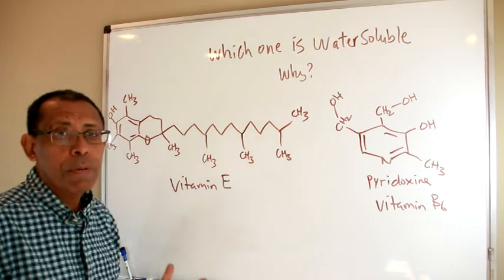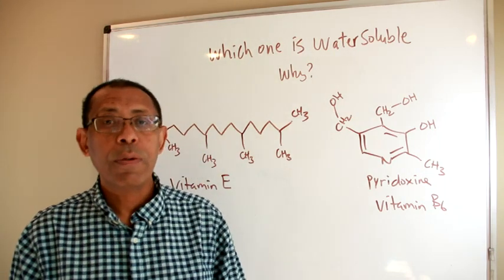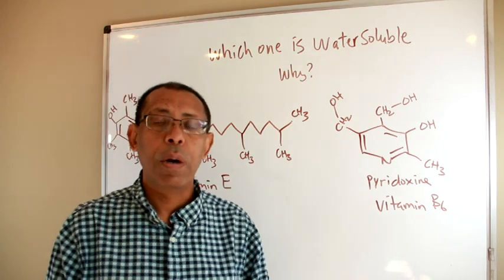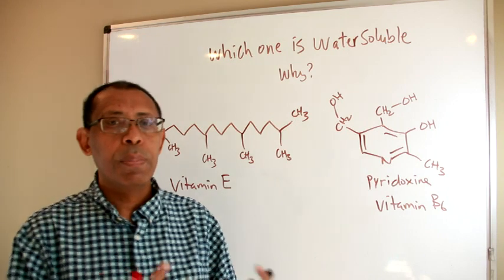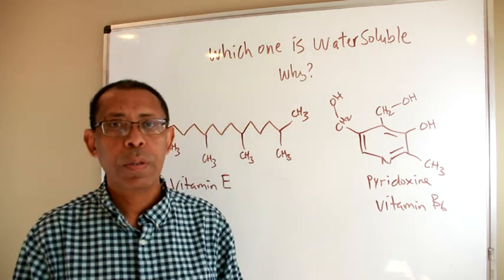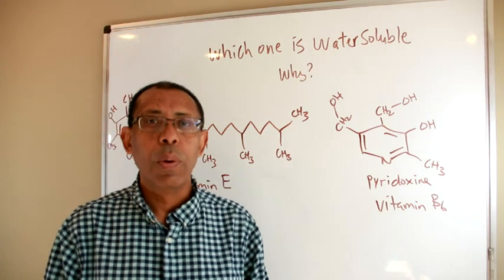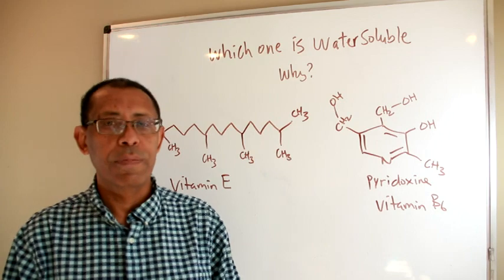In order to identify water solubility, most of the time compounds that are polar dissolve in polar solvents. Compounds that are hydrophobic, or just hydrocarbons without any heteroatom, mostly dissolve in organic or non-polar solvents.